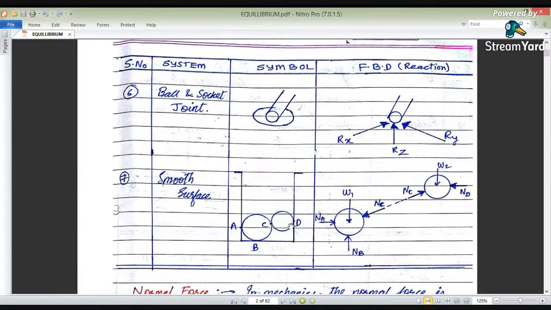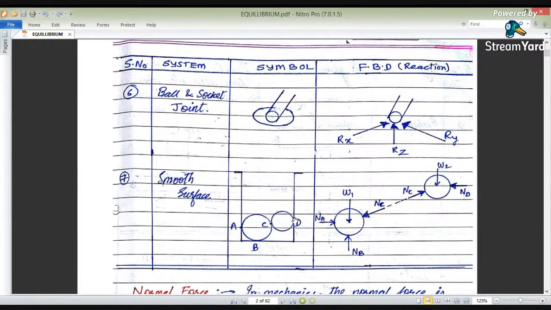Again, there is a contact surface, which is inclined when releasing from this. So there will be a reaction at the contact surface C. The NC is there, and it is directed towards the point. Again, W2 is the weight of the smaller ball.